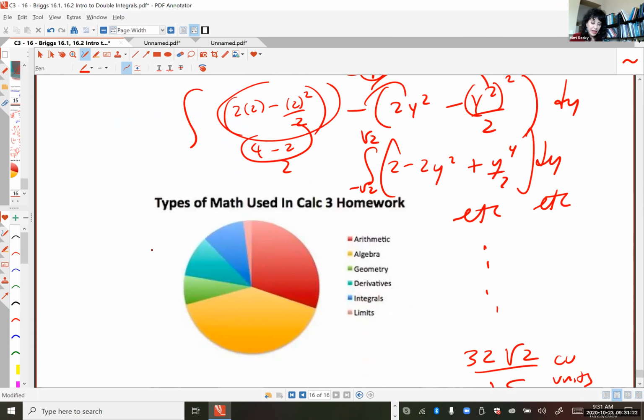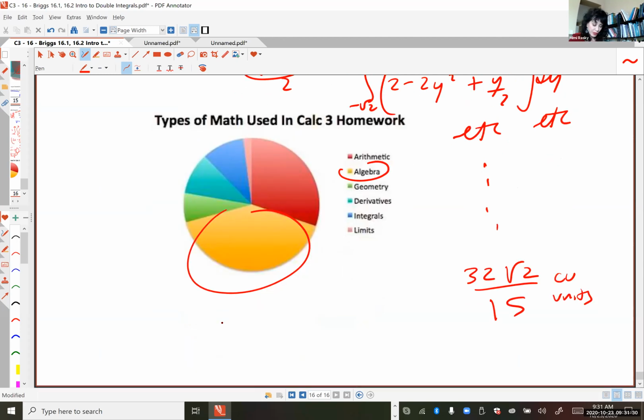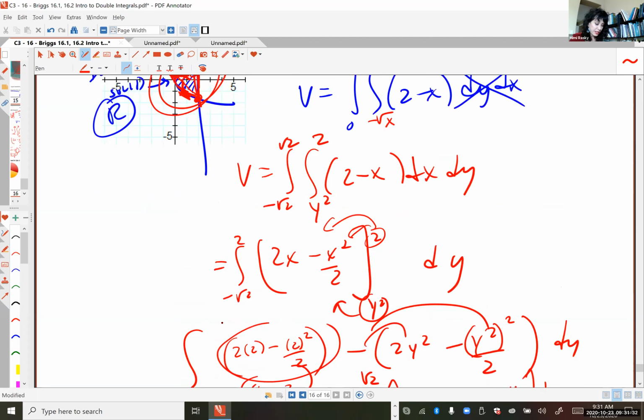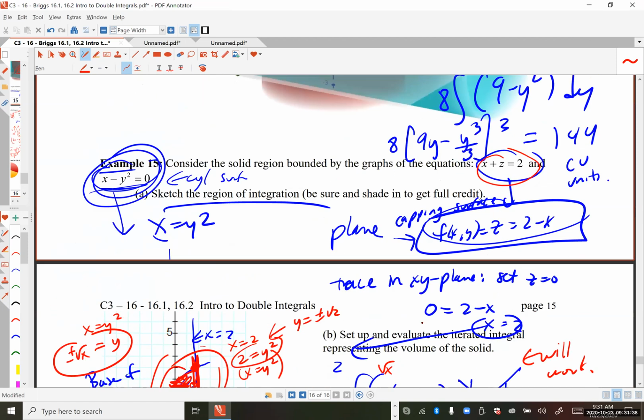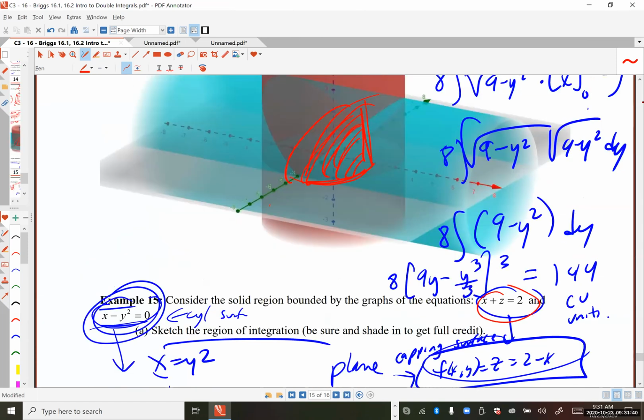So here, types of math used in Calc 3, a lot of algebra. Sometimes that gets people. Okay, so anybody have any questions regarding anything that we looked at just now? Go ahead. What was the indicator for you finding the XY trace?